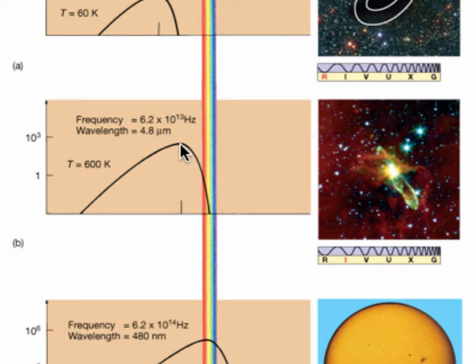We see that the peak is at a longer wavelength than even the red part of the visible spectrum. This object's spectrum is peaking in the infrared. So if we wanted to study this object, it does put out a little optical light, a little bit of red light, but we'd be better off going to the infrared and using an infrared telescope.